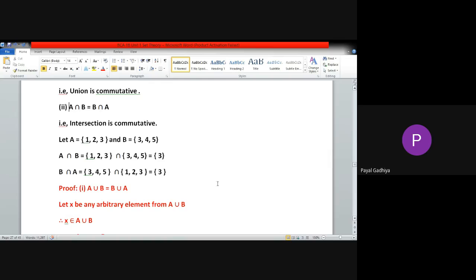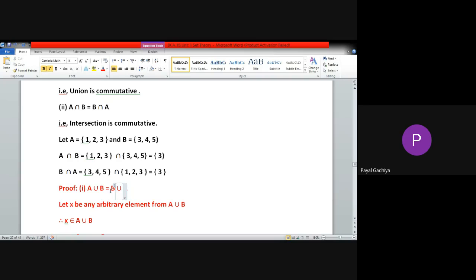First we are trying to prove that A union B equals B union A. What we generally do is, we will show that first, A union B is a subset of B union A. This is what we will show.